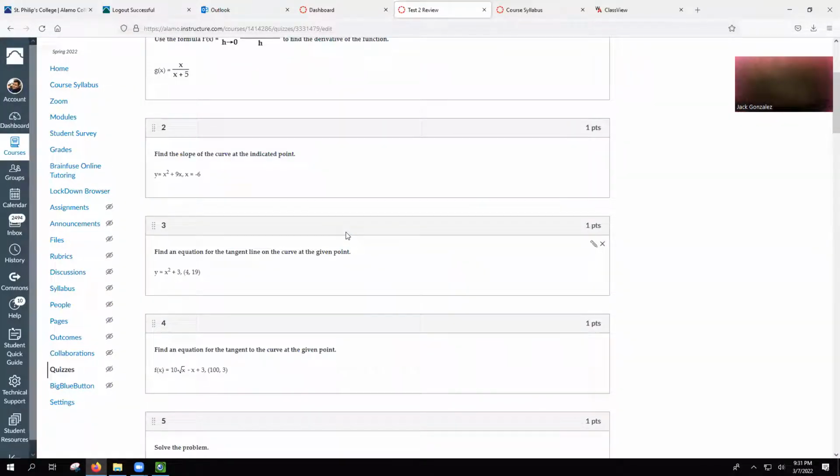Number 2, find the slope of the curve at the indicated point. So all you want to know is the slope of the tangent. I'm going to skip that one and do 3, because 3 is more involved and that's part of the question.